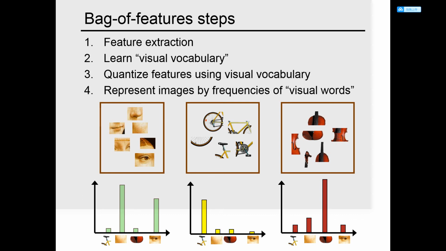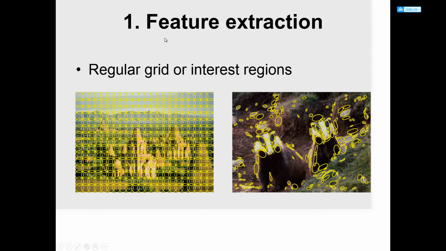A little bit of repetition of what I just said. This summarizes the steps during bag of features training and classification. We first need to have feature extraction. There are at least two ways to do this.